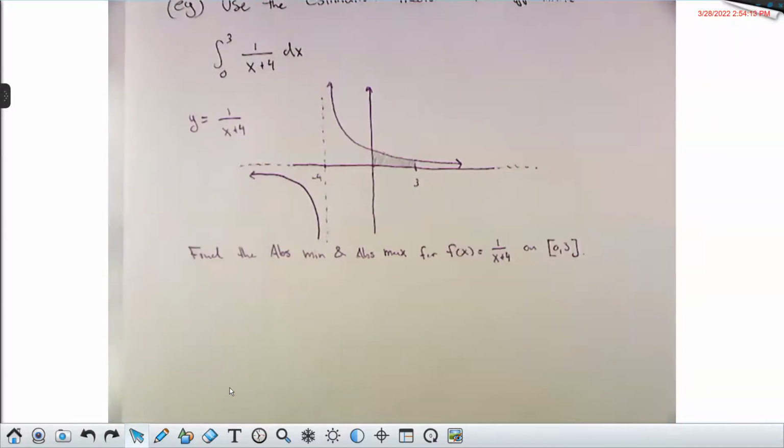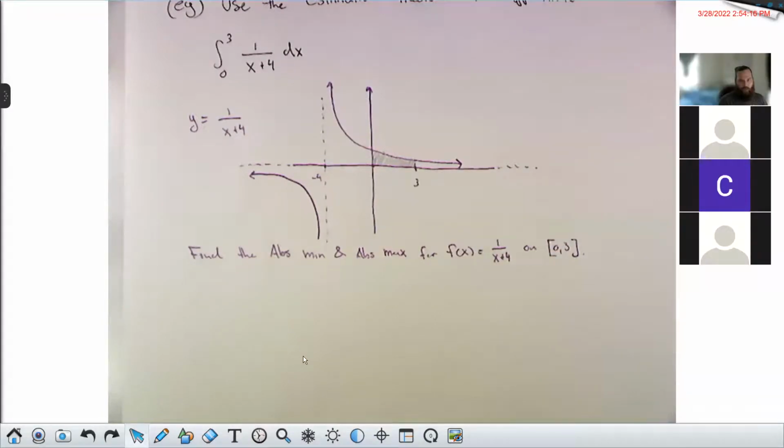And yes, you could do this using the closed interval method, but it is more work than you should use and than should be required. Everywhere from -4 to infinity, this is a decreasing function. We're always going downhill over here, right? So the absolute max on 0 to 3 is going to be right here at 0. And the absolute min on 0 to 3 is going to be right here at 3.